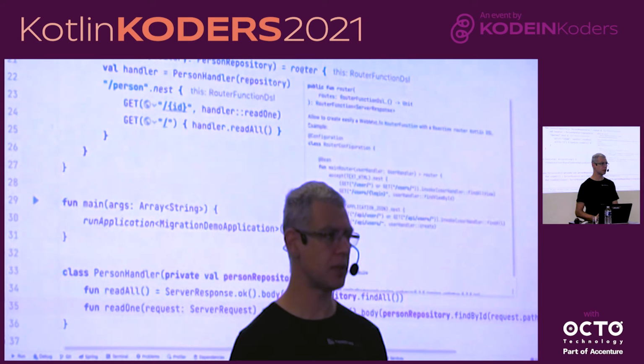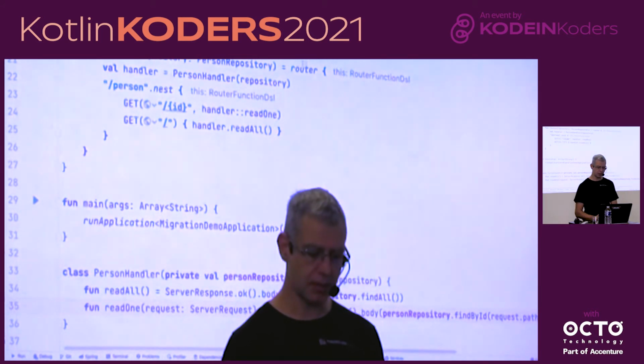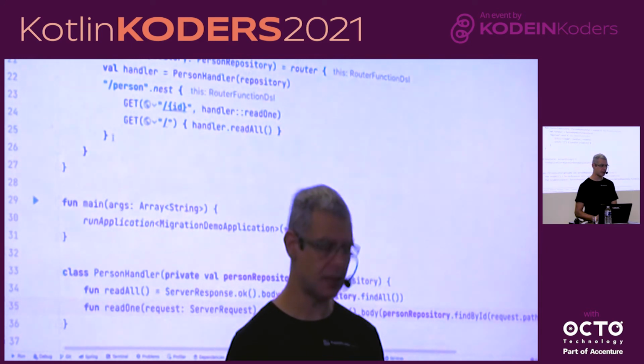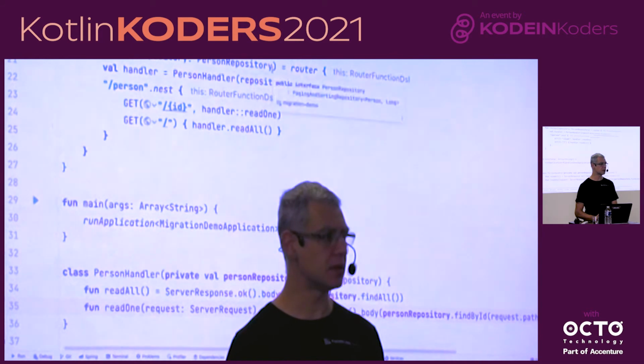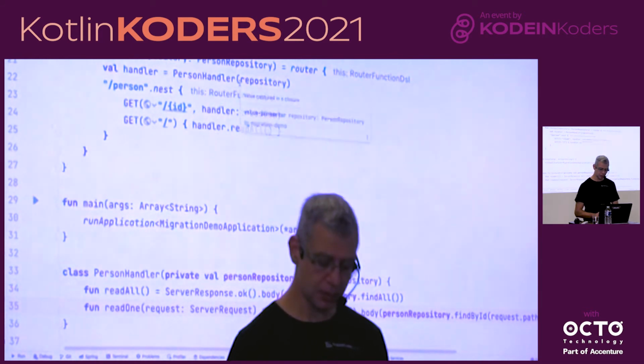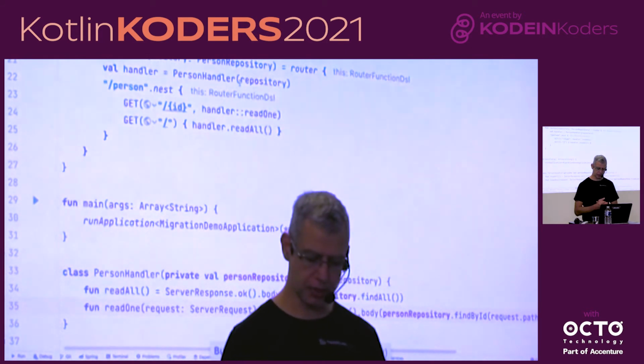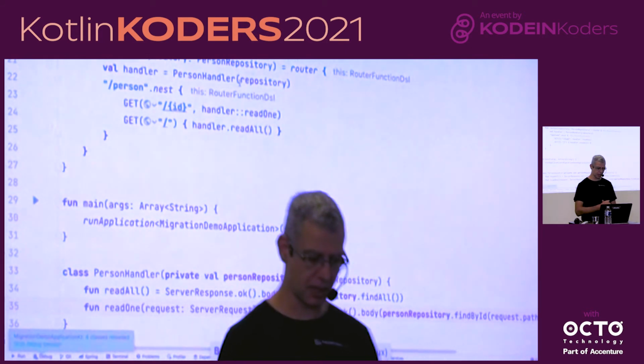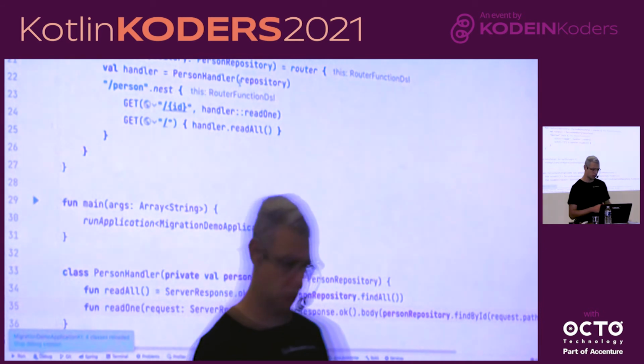Everybody knows about lambda with receiver? Yeah. So here I have this router function DSL, and here I have defined a lambda, and everything that goes here will get executed in the context of the router function DSL. So now, normally, I should recompile. It should tell me, hey, I've loaded. Yes, it works. Loaded the codes.